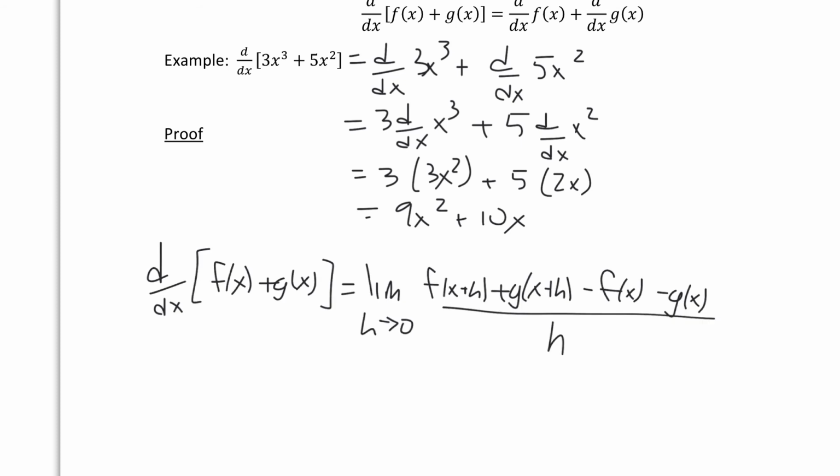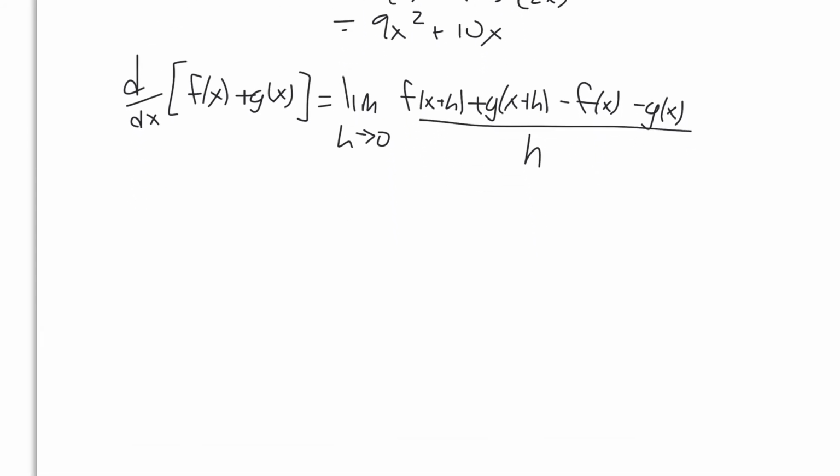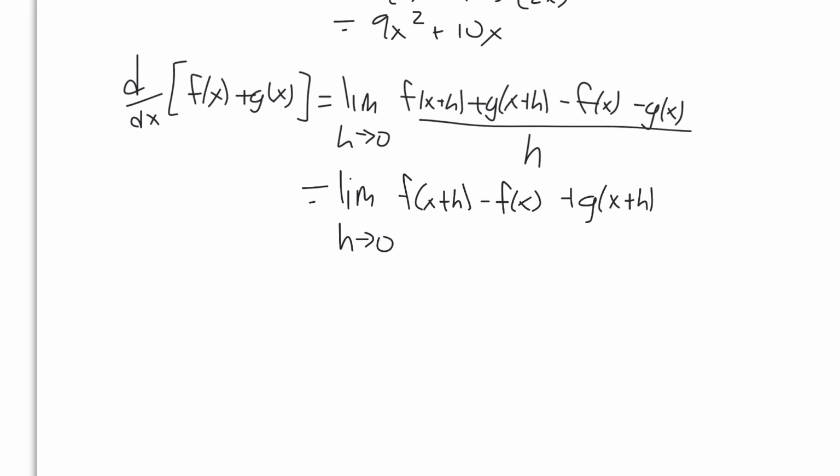Now to do this limit, or at least to rearrange it, I'm going to put the f(x) with the f(x+h) and the g(x) with the g(x+h), side by side. So we would have the limit as h approaches 0 of f(x+h) minus f(x) plus g(x+h) minus g(x), all over h.